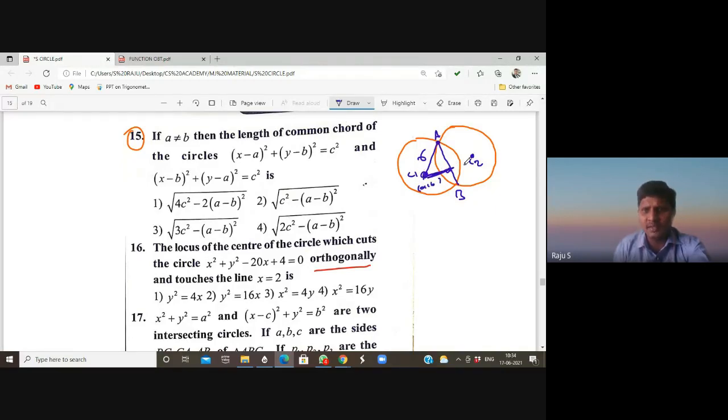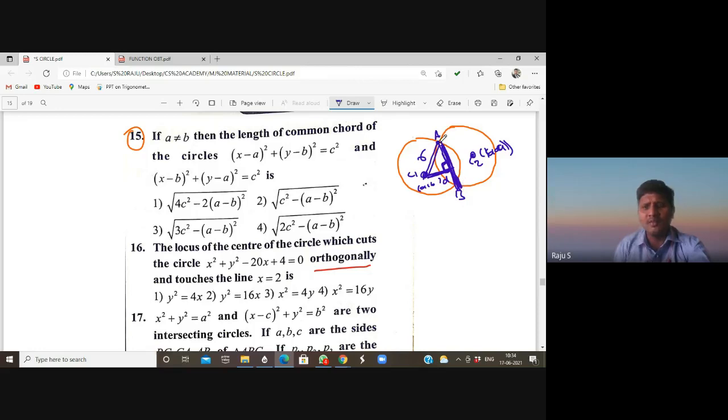Here A comma B is the center, and here clearly C comma D is the center. According to this, the center is A comma B. Here the length, we are going to get a right angle triangle. Am I right? The radius is the hypotenuse.